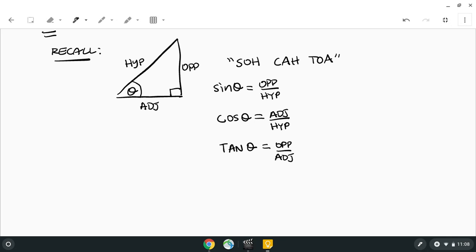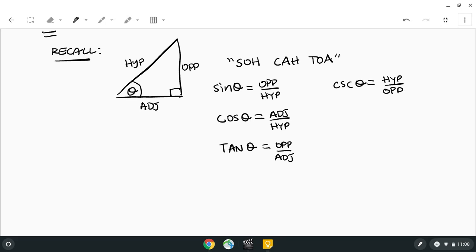And then we have the other three trig functions, which take the reciprocal of these. So here we have cosecant, which is the reciprocal of sine. So it's going to be hypotenuse over opposite.